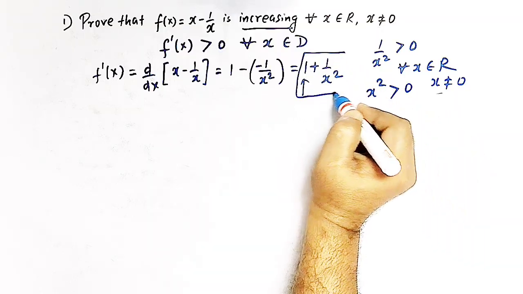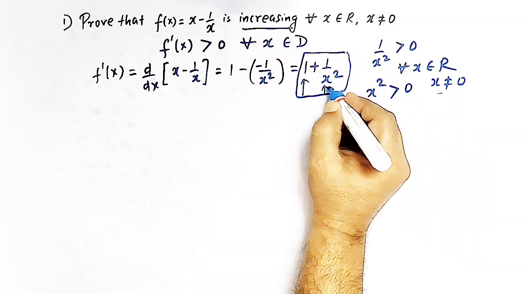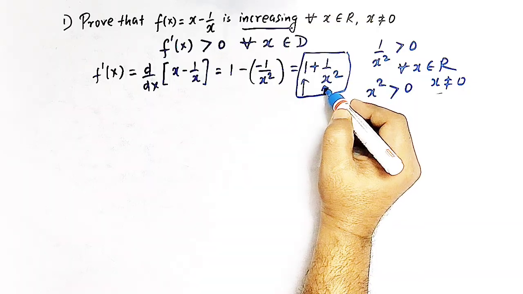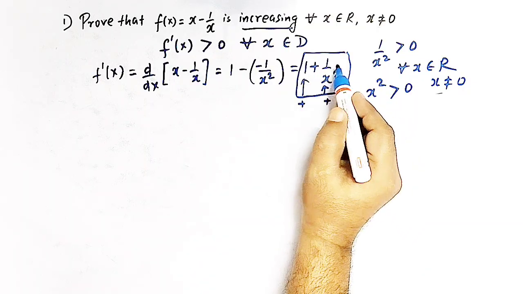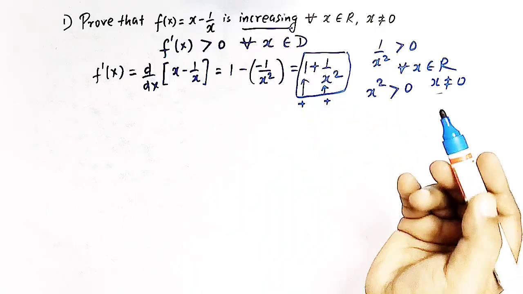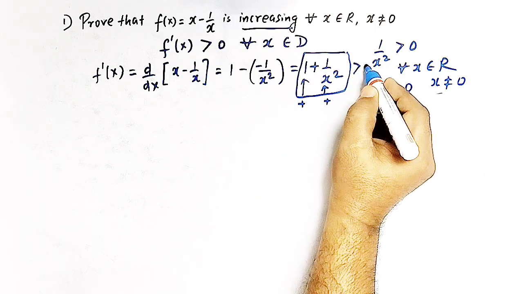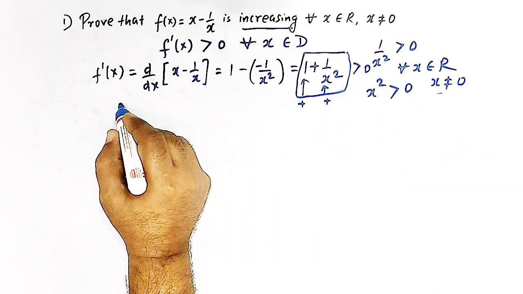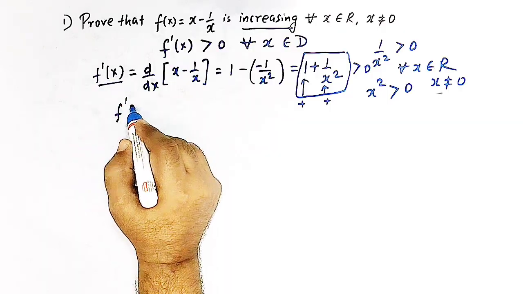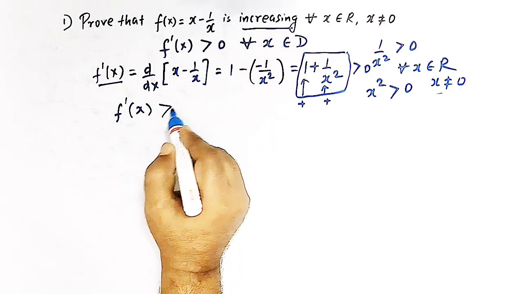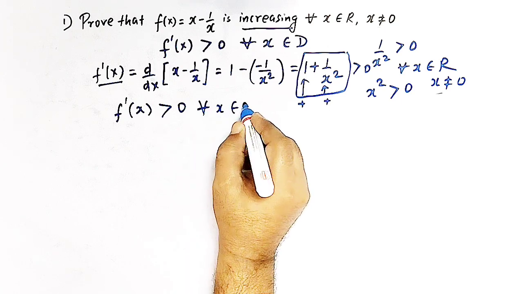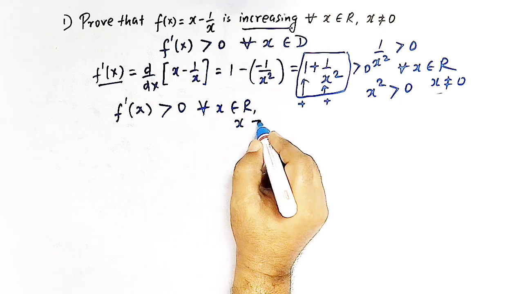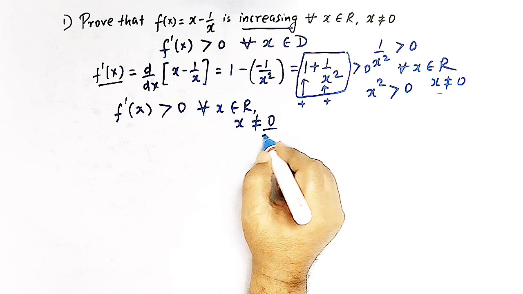So this entire term, that is 1, is positive, 1 over x square is also positive, so the sum of two positive numbers is always going to be greater than 0. So we have now f prime of x is greater than 0 for all x belonging to R, where x is not equal to 0.